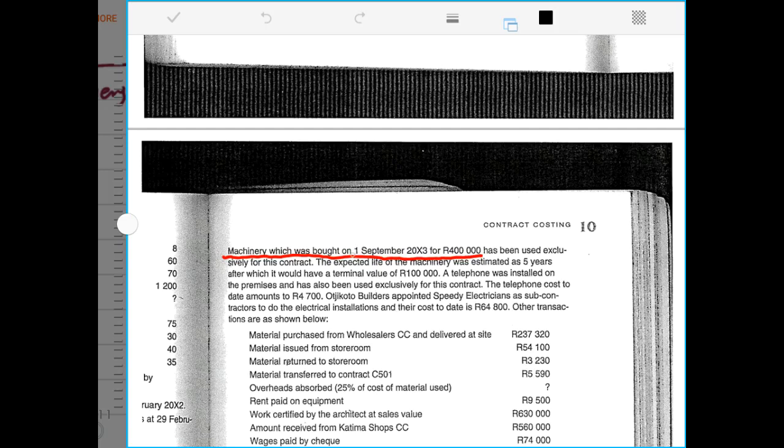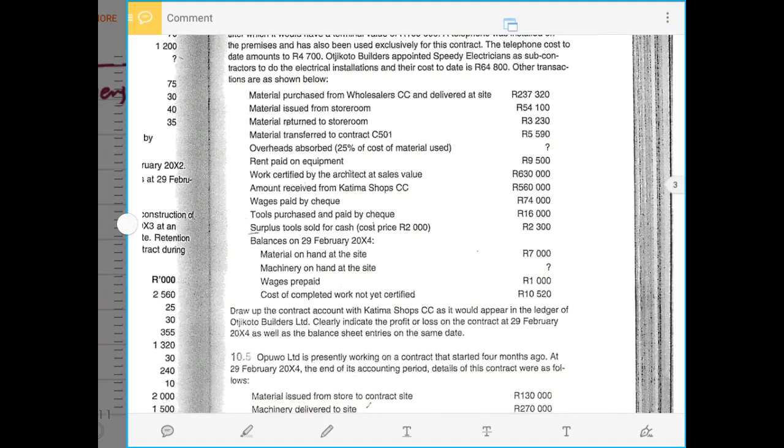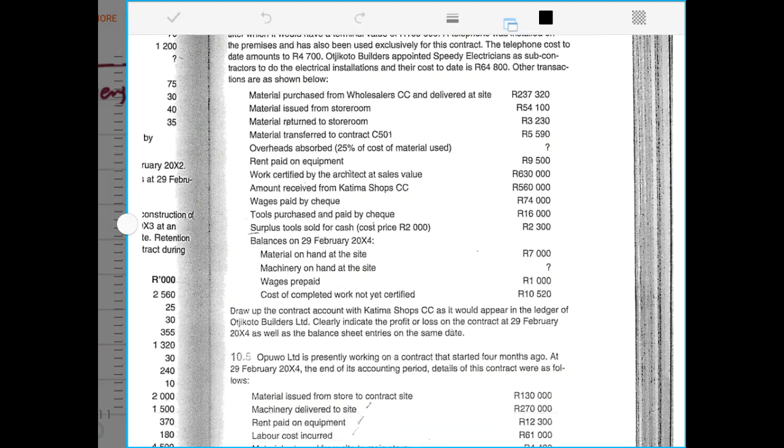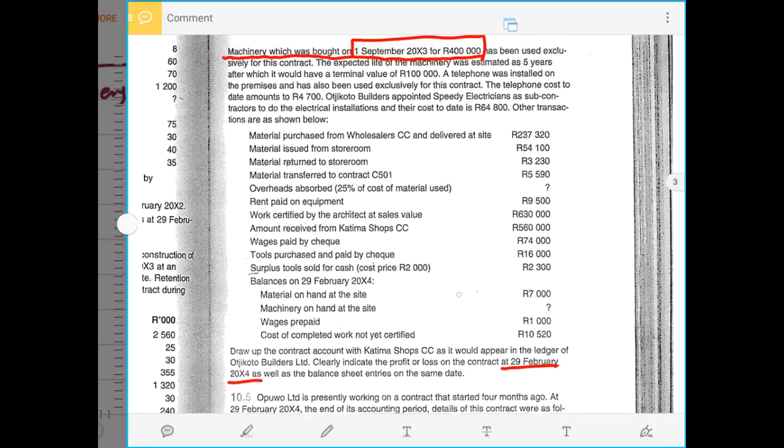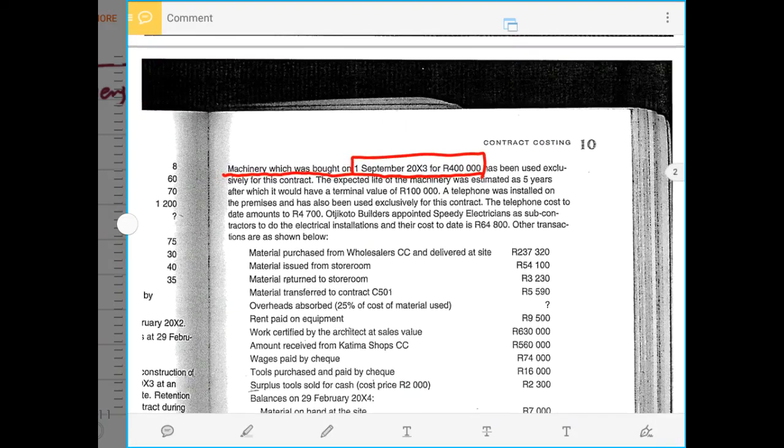And remember, this was there from the 1st of September, and we are doing the contract account at the end of February, 29th of February in the year 2004. So now it means we have to count September, October, November, December, January, February. Therefore depreciation for this plant will be accounted for 6 months, but we'll do that a little bit later.